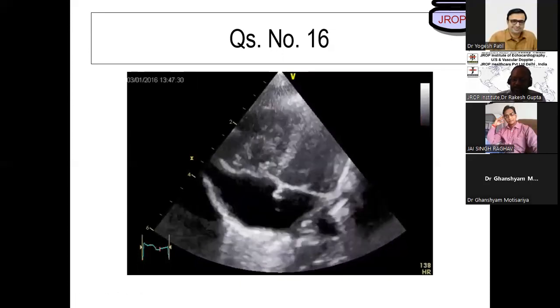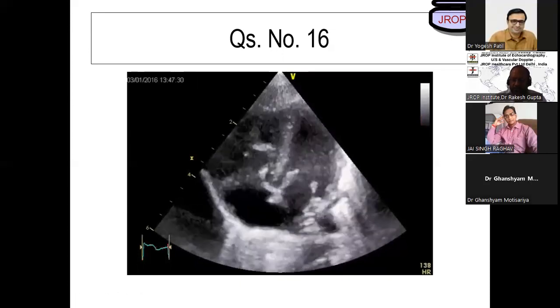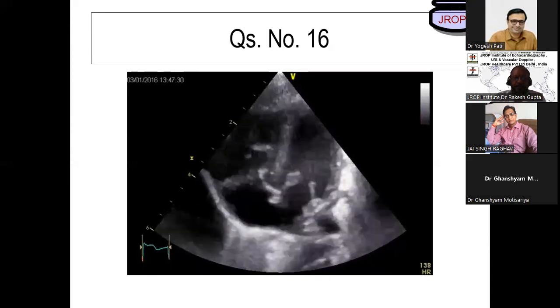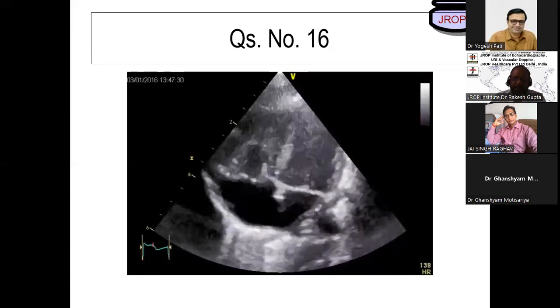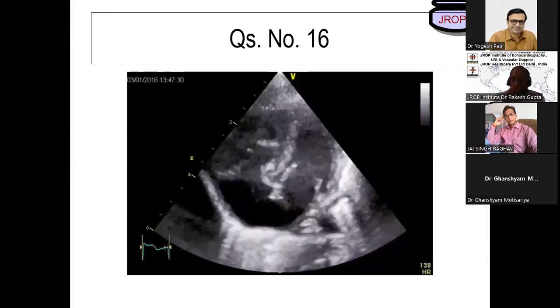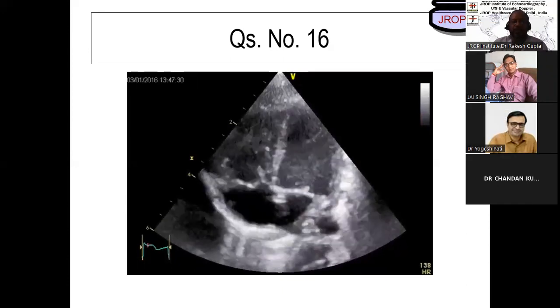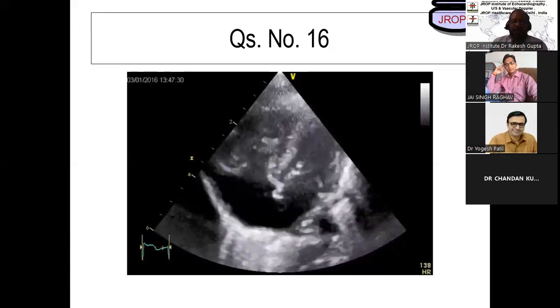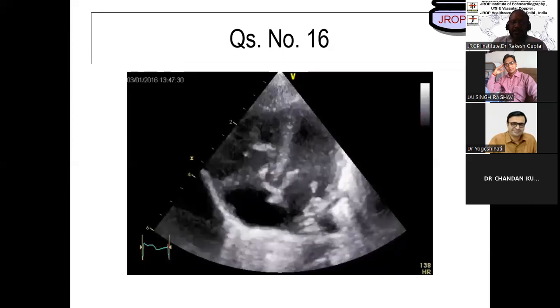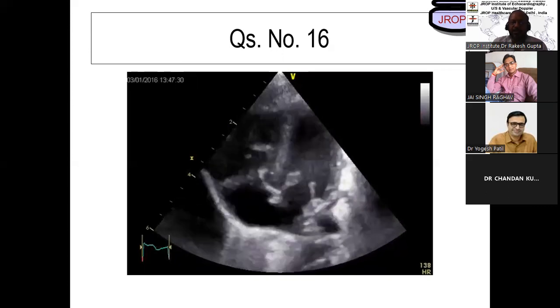Yes, sir. Yogesh. Sir, is it like congenital storage disorders or any mucopolysaccharidosis? Correct. This is where I can compare it with amyloidosis, when everything is so thickened. Look at the valves, look at the walls, look at the chordae tendineae, look at the accessory bundle.